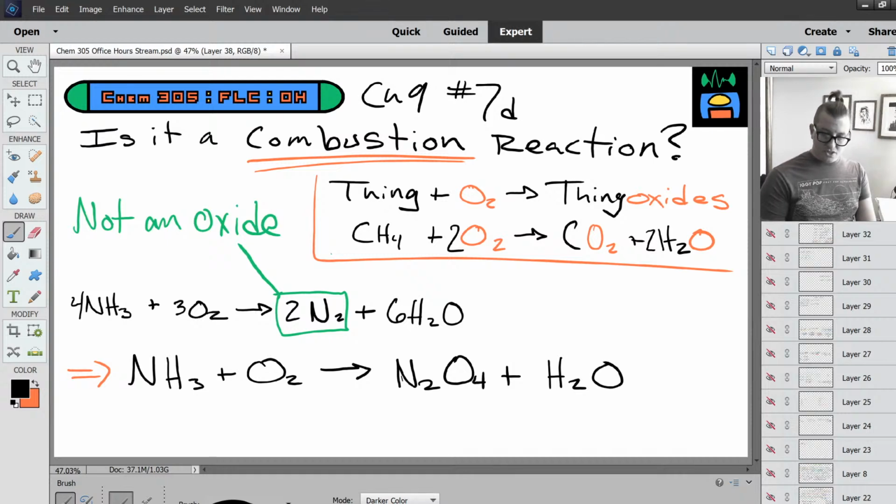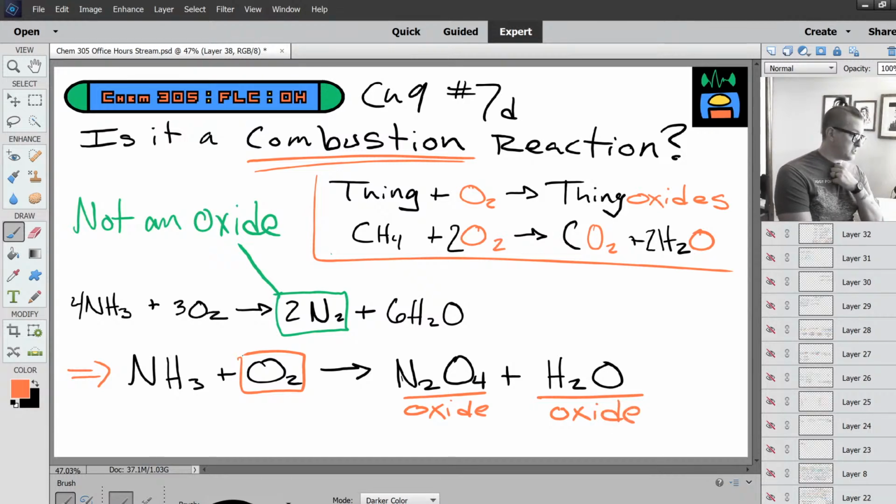So this is a combustion because you're adding oxygen, and then you've got oxide and oxide. Only oxides as the product of the reactions.